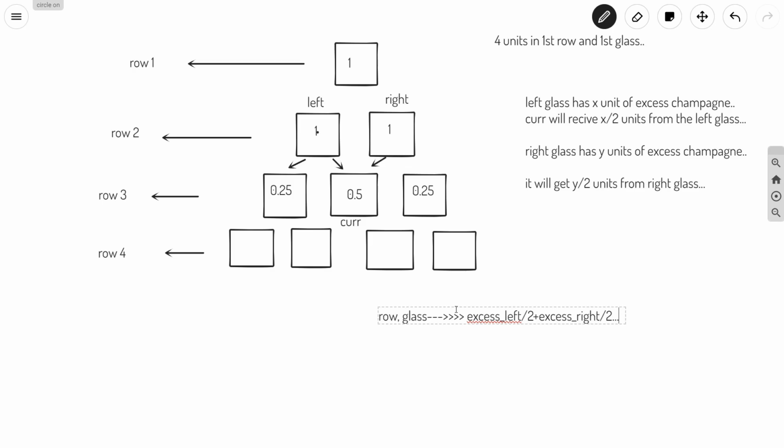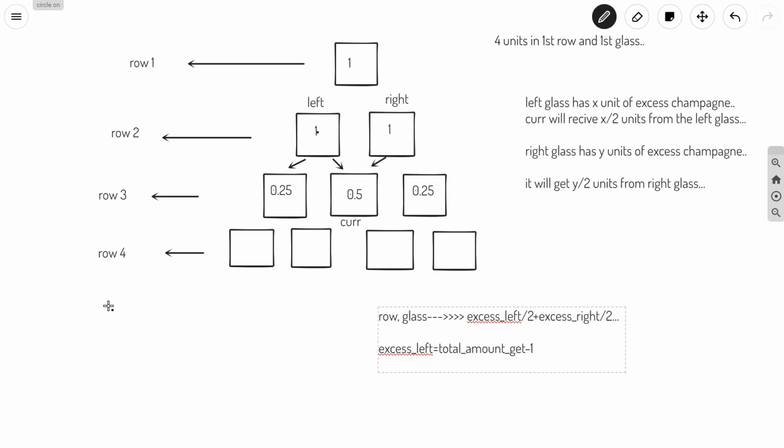And in order to get the excess, the excess of left will be the total amount of champagne received by the left glass minus 1. And the excess of right will similarly be the total amount of champagne received by the right glass minus 1. So that's what we have to do.